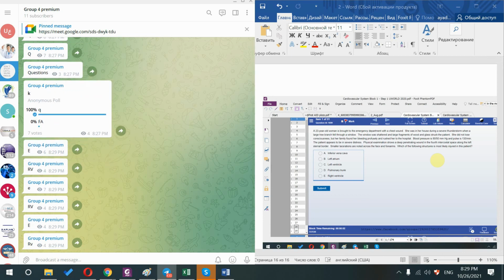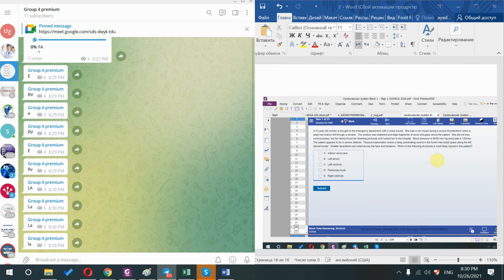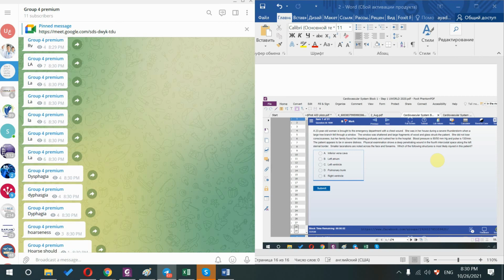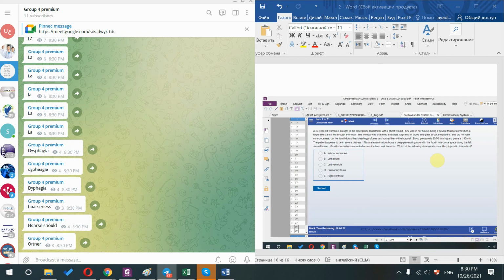You are totally correct. And what is the posterior most chamber of the heart? Can someone tell me? Left atrium. Good. And if that gets enlarged, the patient will have which problem? Dysphagia and hoarseness. The dysphagia is due to the esophagus, and the hoarseness is due to affection of which nerve?